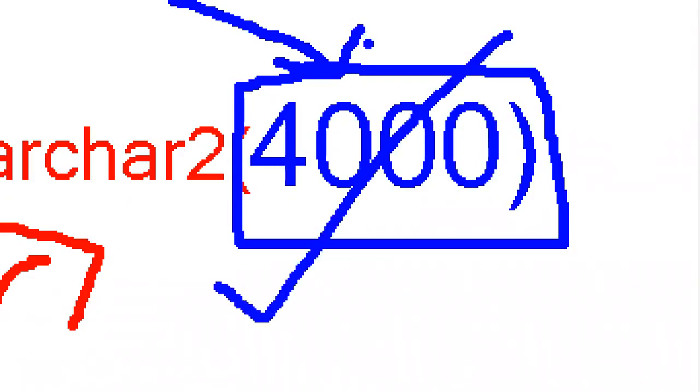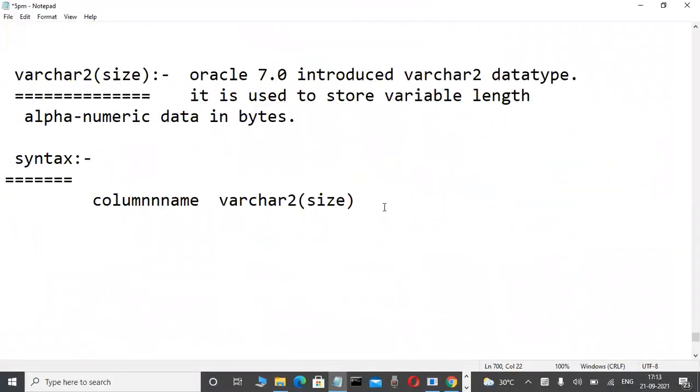That's why Varchar2 is used regularly, compared to char. Another data type is available for more than 4,000 bytes, and I will tell you about it later. For up to 4,000 bytes, Varchar2 is the regular choice.